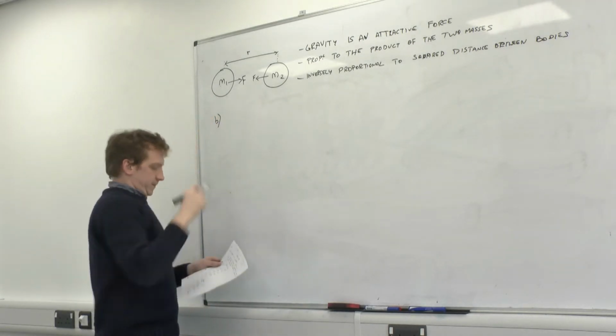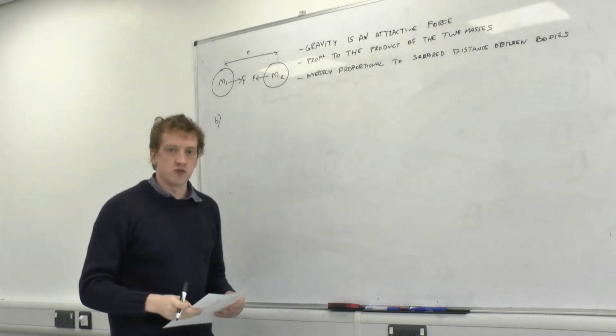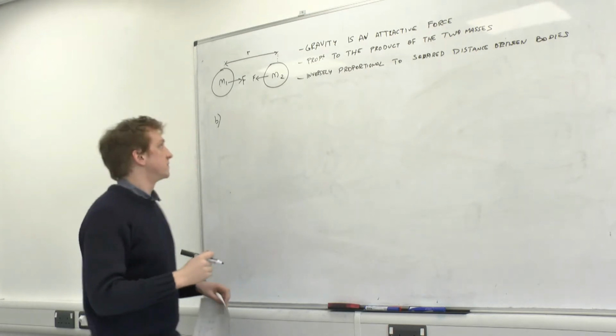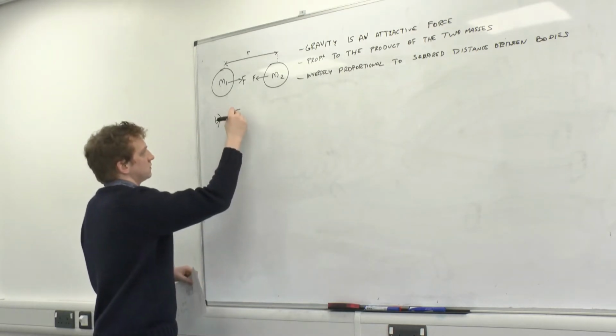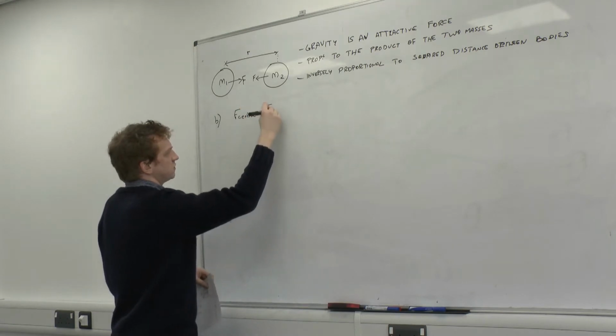Second question we have is to show that T squared is proportional to r cubed by equating central force and the force of gravity. So start off with central force is equal to the gravitational force.